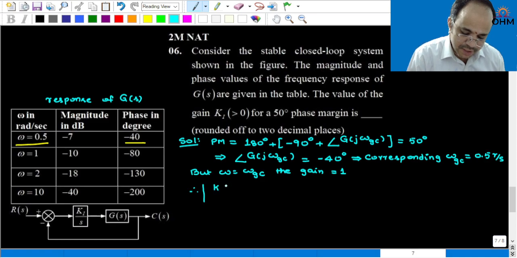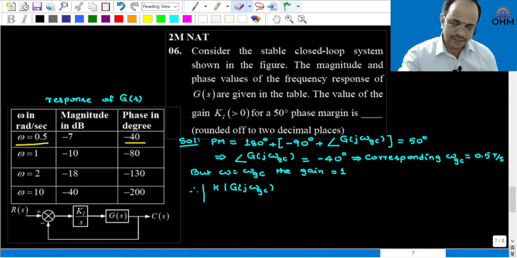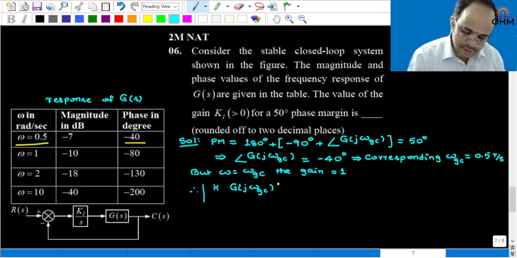The magnitude of K into G of j omega gc divided by omega gc is equal to 1, right?